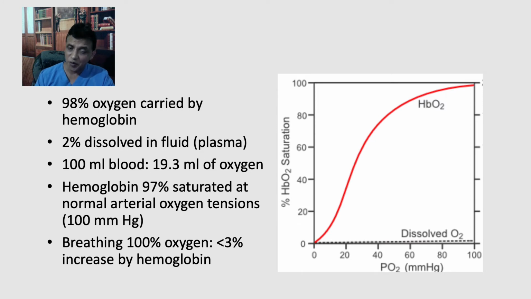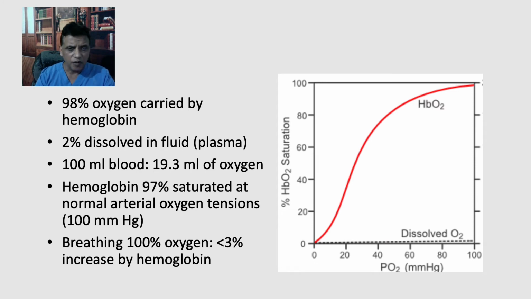Out of the 19.3 mils, 19 mils will be carried by hemoglobin, and only 0.3 mils are carried dissolved in plasma. Okay, so a very large percentage of oxygen that circulates in the blood is carried by hemoglobin, i.e. about 98%.